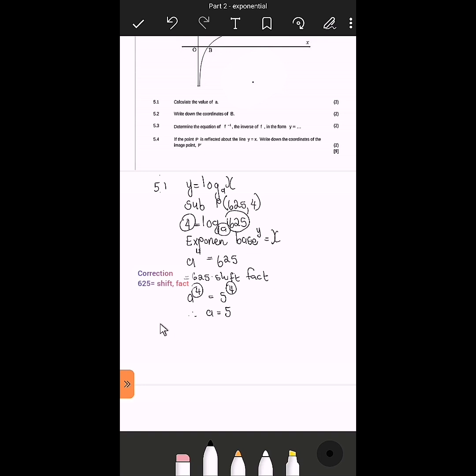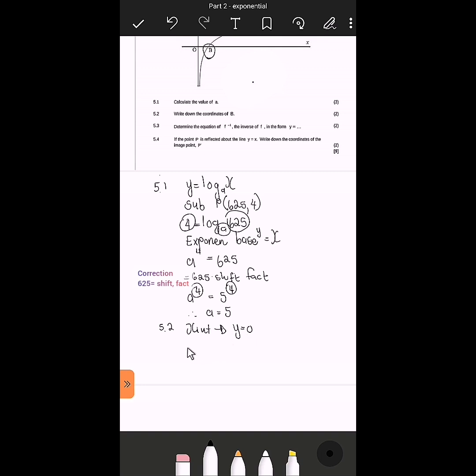For 5.2, next, it reads, write down the coordinates of B. So B is on the x-axis. It's the x-intercept, which is y equals 0.